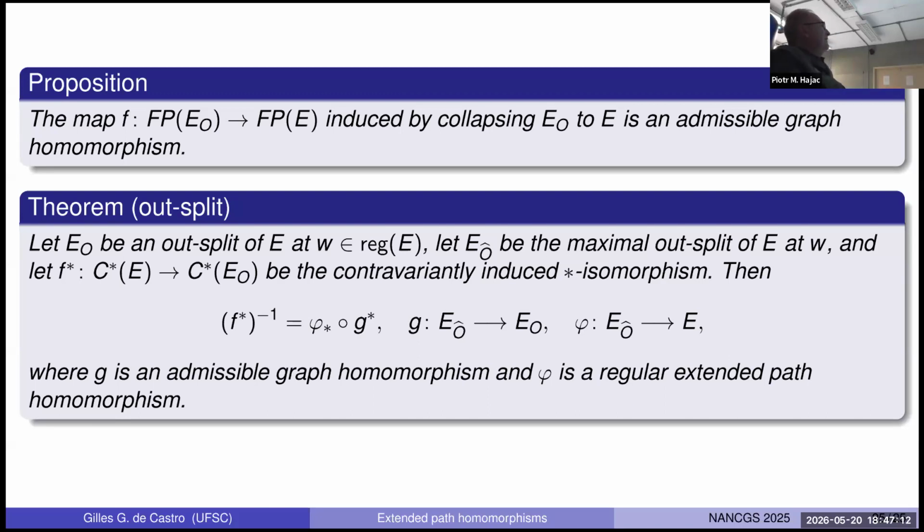And finally, much like you have outsplits, you also have insplits. So just imagine that now you partition edges that come into a vertex, not that come out of a vertex.